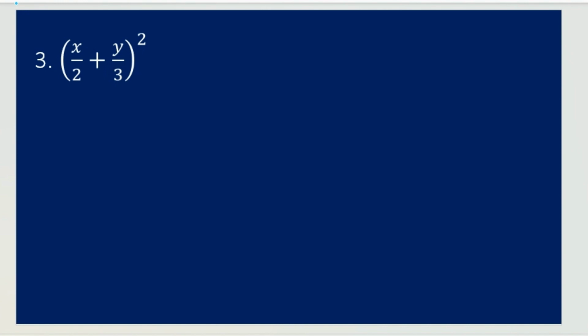The formula here is going to be (a + b) whole square equals a square plus b square plus 2ab.